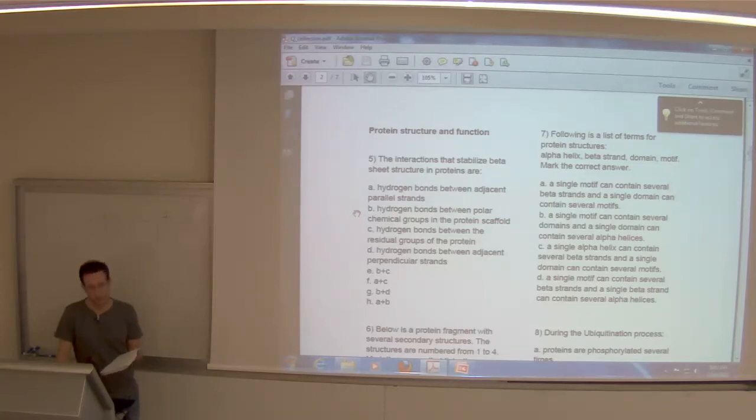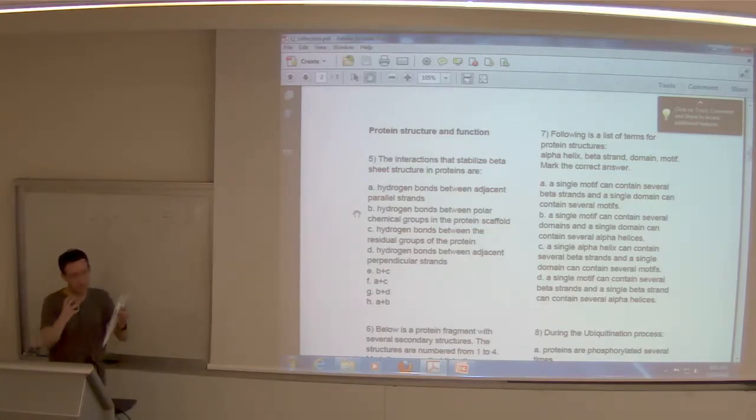Hydrogen bond between polar chemical groups in the protein scaffold. What do you think? The protein scaffold means the chain of amino acid, peptide bond, amino acid, peptide bond. This chain of amino acids is the protein scaffold. So you have hydrogen bonds between chemical groups, for instance the carbon and the nitrogen, that build the scaffold, that are not part of the residual group but part of the scaffold itself. Scaffold and backbone are the same here.